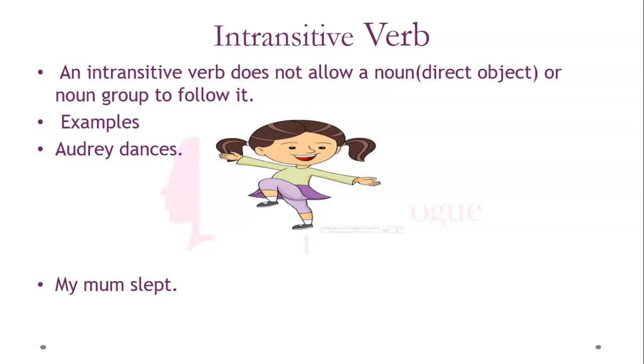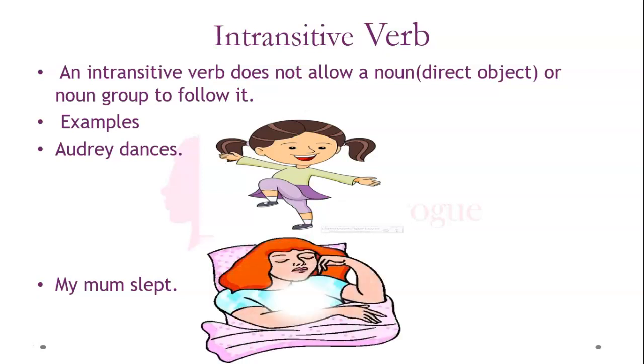Let's look at our second example in this sentence. My mom slept. So also we can see our subject here is my mom and is performing the action slept. The verb here is slept. Does the verb slept allow you to add a direct object or a noun to it?